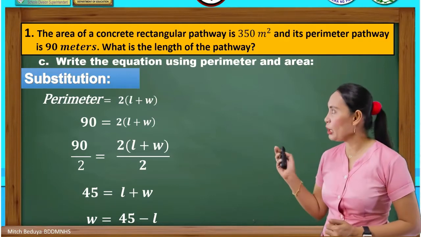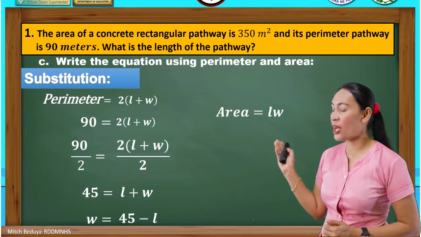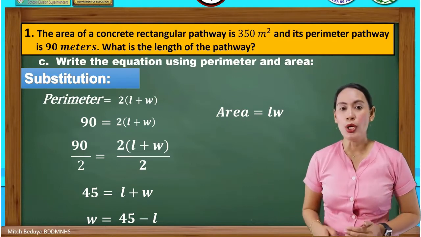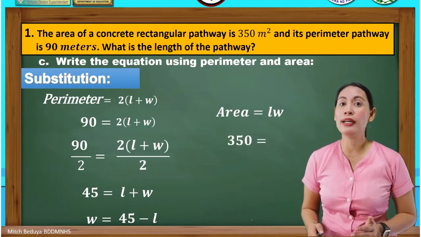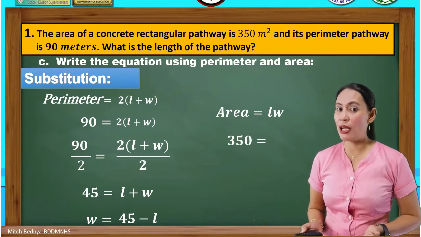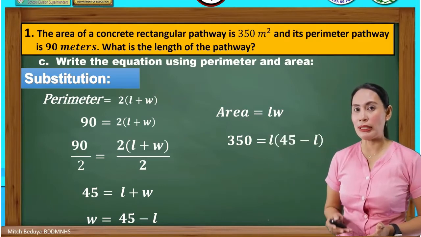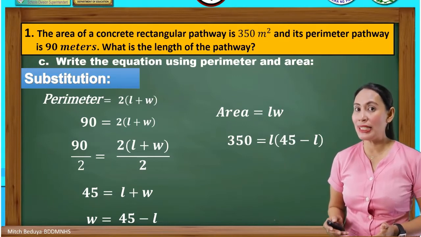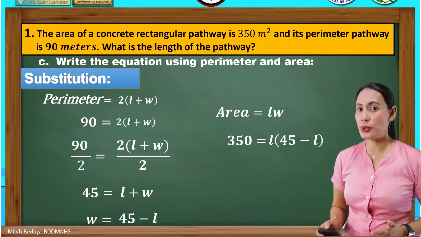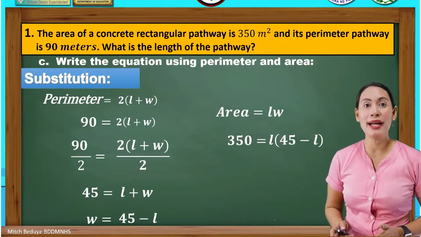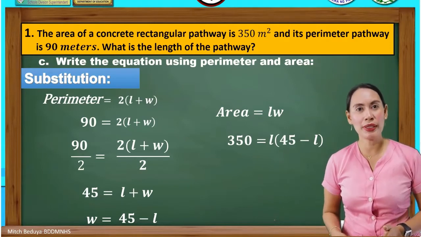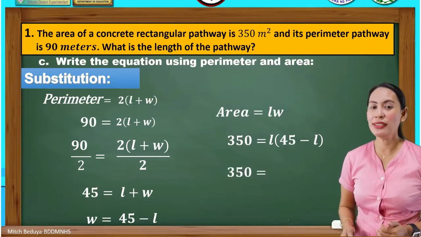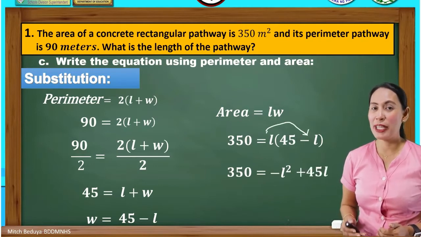Then, the formula for the area is length times width, or area is equal to L times W. We substitute 350 for the area. Now the equation becomes 350 equals L times the quantity 45 minus L. So we substituted 45 minus L for W. The equation now becomes 350 equals negative L squared plus 45L.